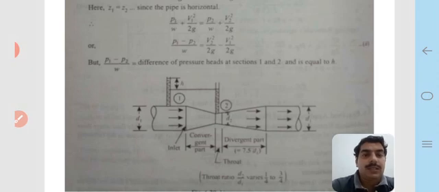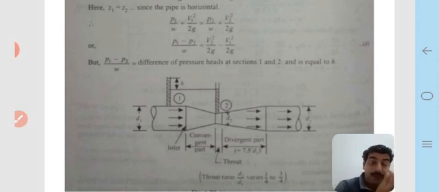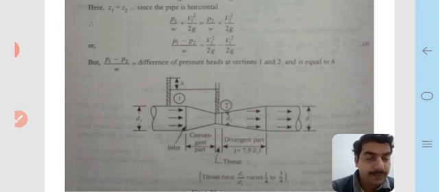A U-tube manometer is fixed, with a small narrow pipe fitted at the throat.